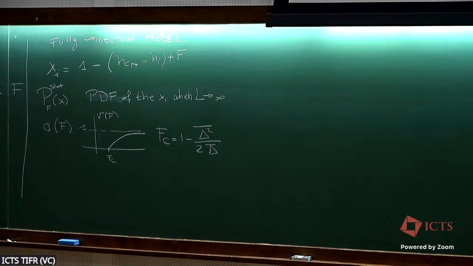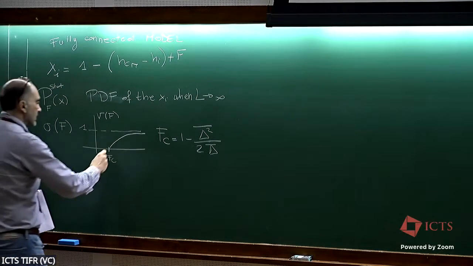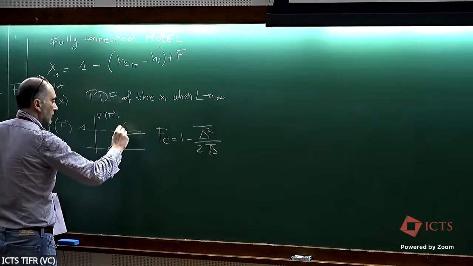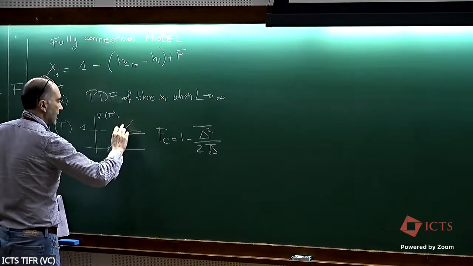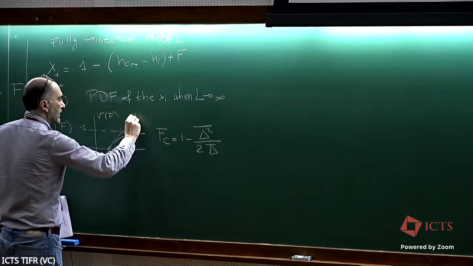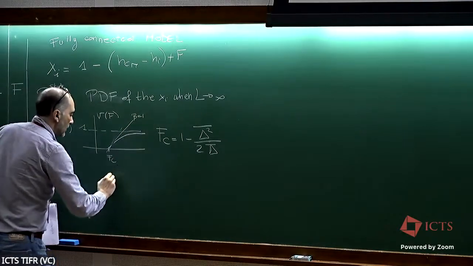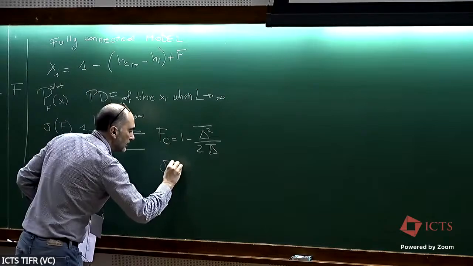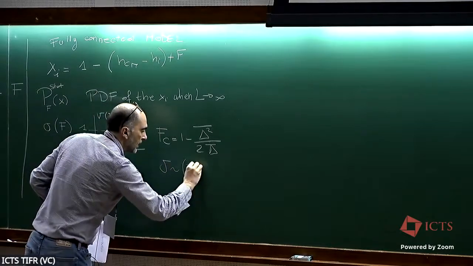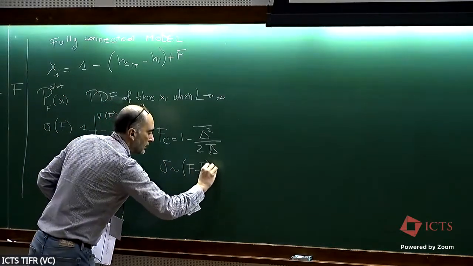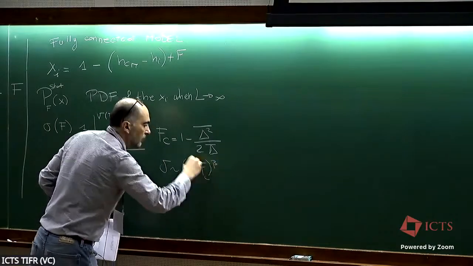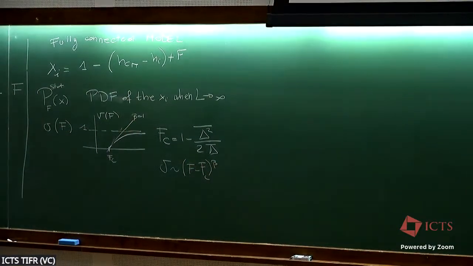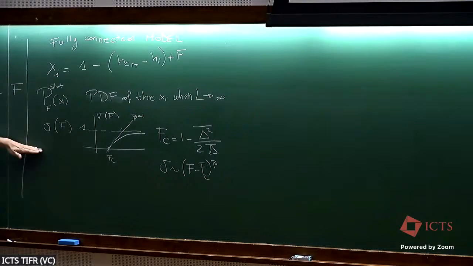So knowing G of delta, you know the critical force, and you know that this is linear, so the exponent is beta equal to 1, because the velocity should go as F minus Fc to the power beta. And so for this mean field model, you have beta equal to 1. This I didn't do. If you want to do it, it is half a page of calculation.